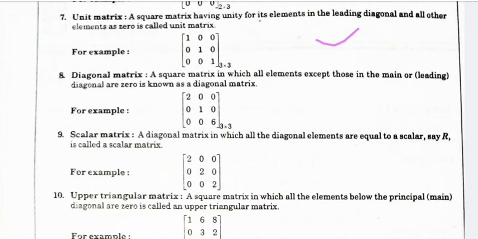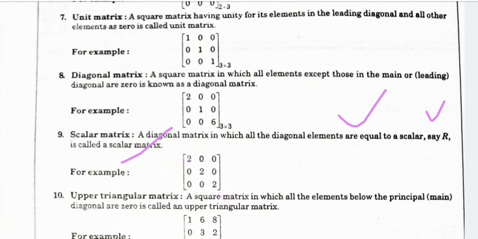Now come to the scalar matrix. A diagonal matrix in which all the diagonal elements are equal to a scalar is called a scalar matrix. So here, given the diagonal matrix with all elements equal to a scalar, it is called a scalar matrix.